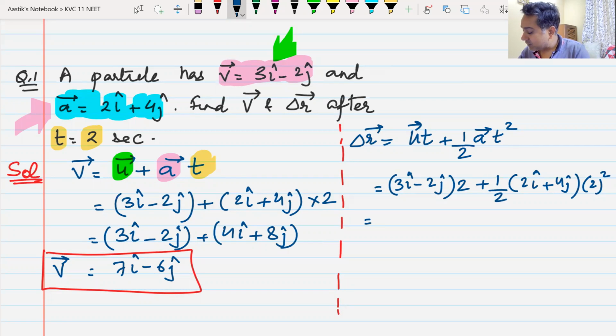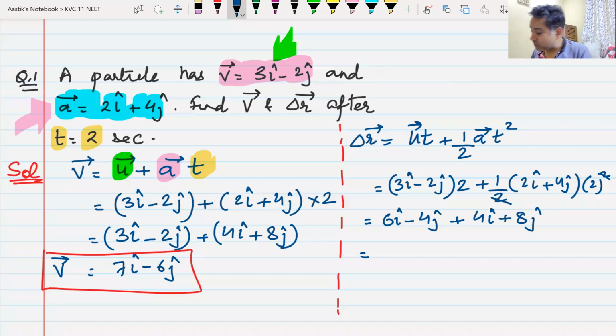I just now multiply it: 6i minus 4j, and from this 2 I can cancel one 2, so plus 4i plus 8j. I will now add i with i and j with j, so the answer that I will get is 10i plus 4j. That is my displacement, my dear friends.